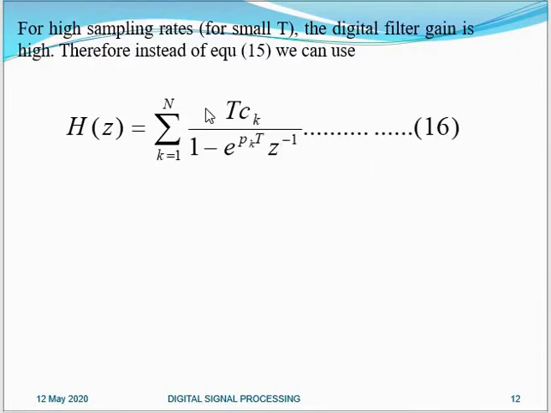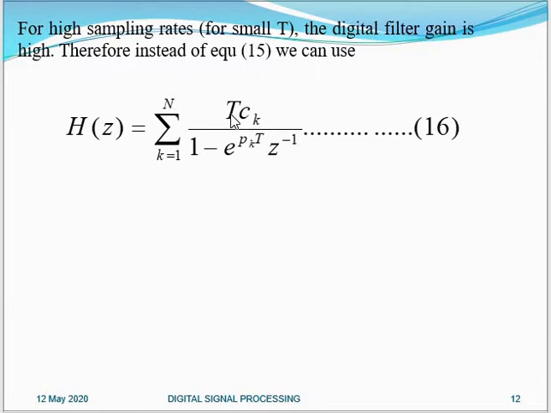Now for a high sampling rate, my H(z) will have high gain, meaning my digital filter has high gain for a high sampling rate. Please remember this: high gain for high sampling rate. So the digital filter gain will also become high. In that case my sampling time T is very small, and H(z) should be the same, but Ck will be multiplied with the capital T only for the high sampling rate, that is, very small sampling time.